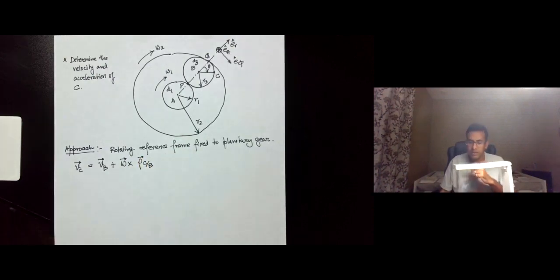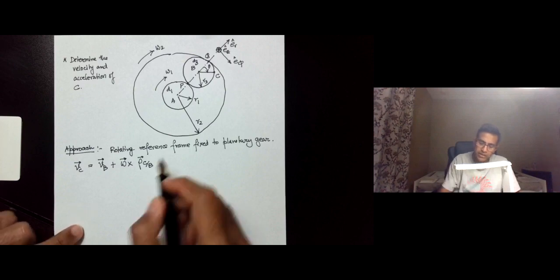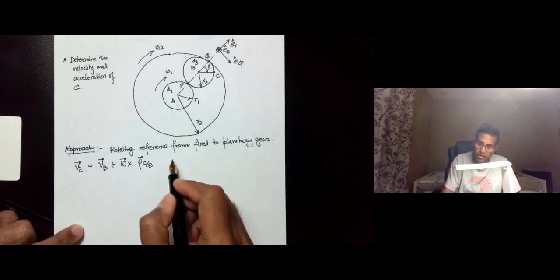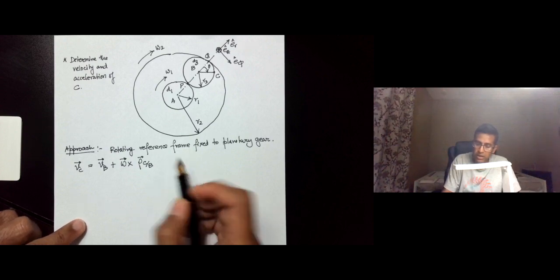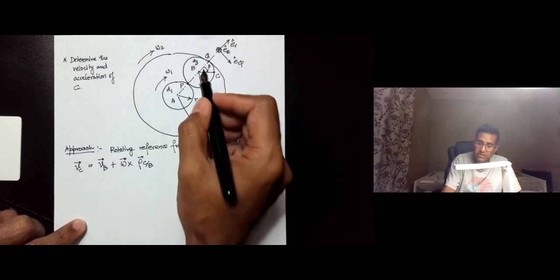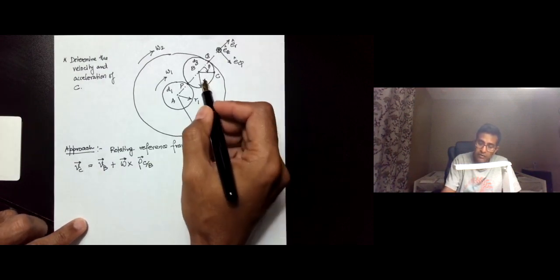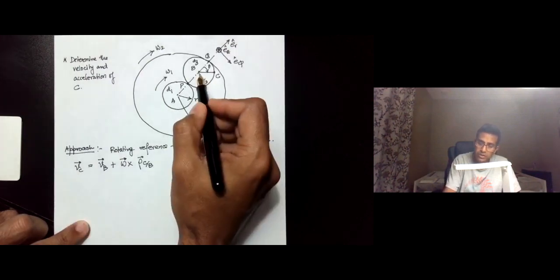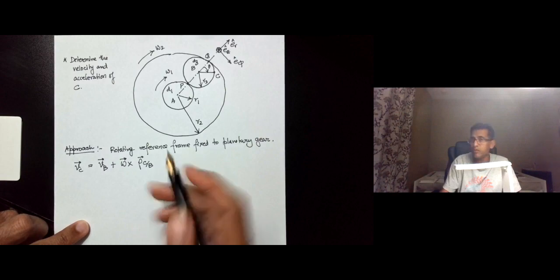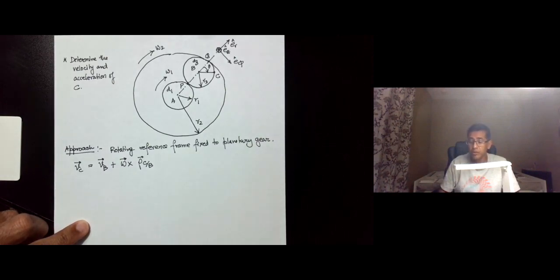If you recall, in the relative velocity equation there is a rho dot r that is also added, but that term is not going to be applicable here because the rotating reference frame is fixed to the disk. And when the reference frame is fixed to the rigid body and both the points are on that same rigid body, then the relative velocity in the rotating frame degenerates to 0.